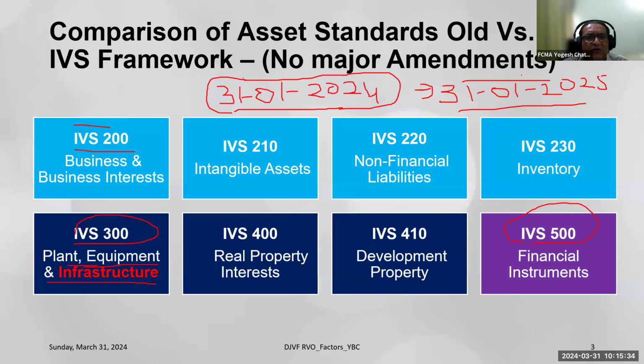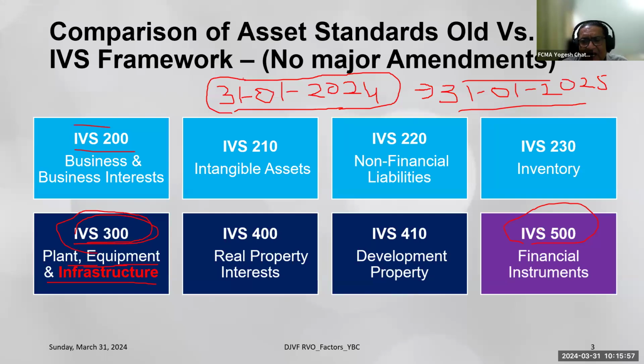So guidance on valuation of infrastructure projects, you will appreciate, is very important in the current era, where the government is boosting the development of infrastructure. So guidance on valuation of infrastructure projects is provided under IVS 300.